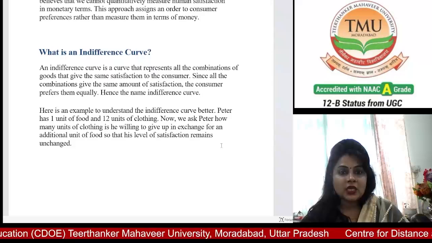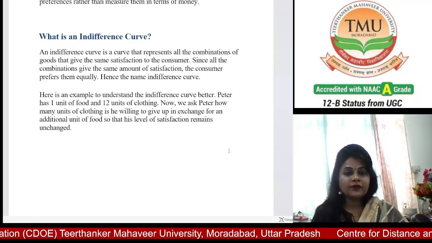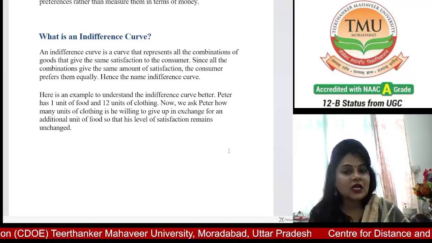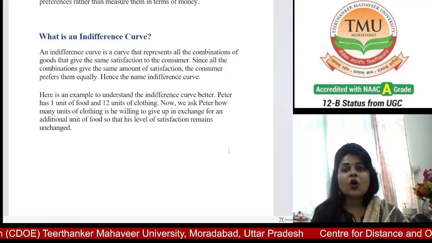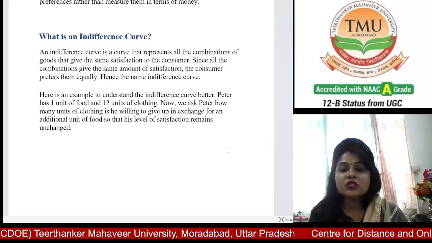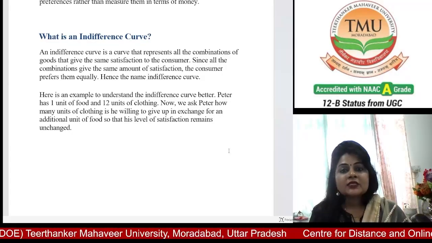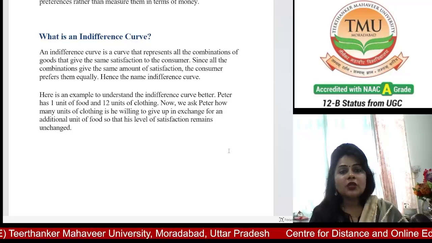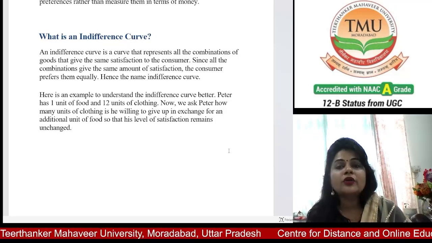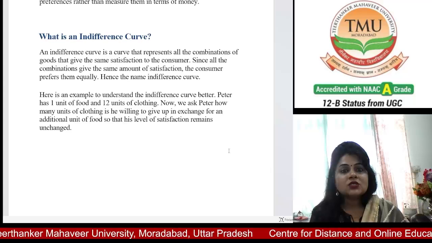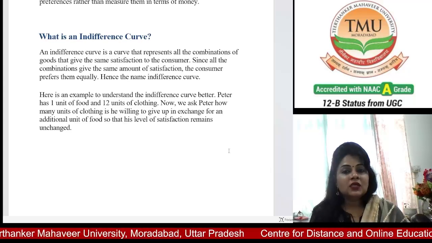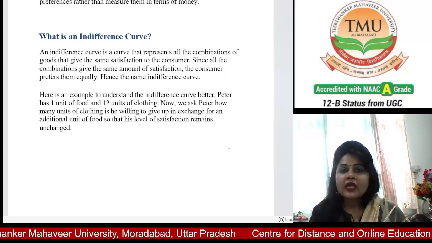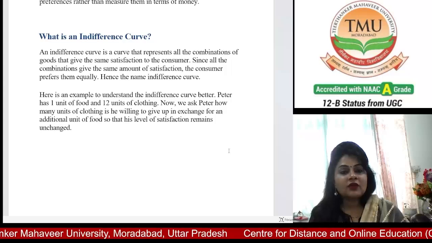Now, the question is: what is an indifference curve? An indifference curve is a curve that represents all the combinations of goods that give the same satisfaction to the consumer. Since all the combinations give the same amount of satisfaction, the consumer prefers them equally, hence the name indifference curve.